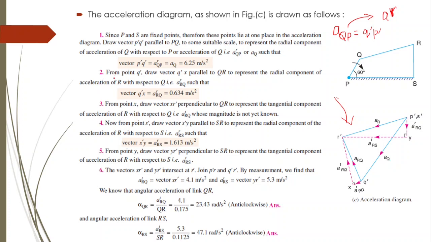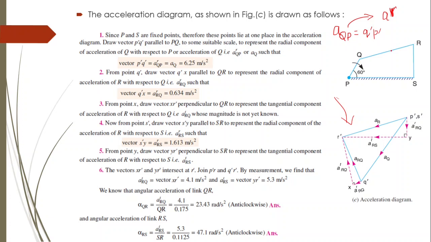Then in the next step, we have to draw the acceleration of R with respect to Q, and that acceleration has two components, one radial component and another tangential component.